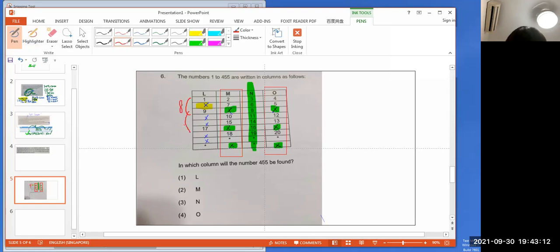Then from here to here is 8. Then from here to here should also be 8. So this one will be 25. Okay. So now do you see here? This one is 5. This one also 5. And I suppose this is also 5.